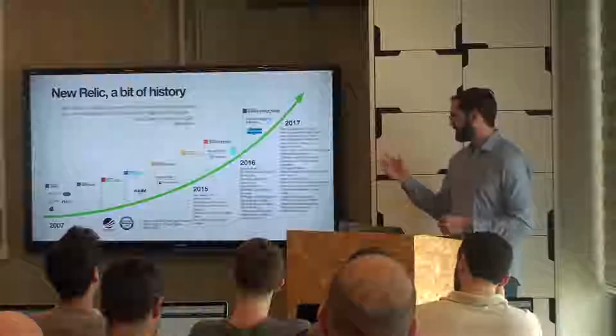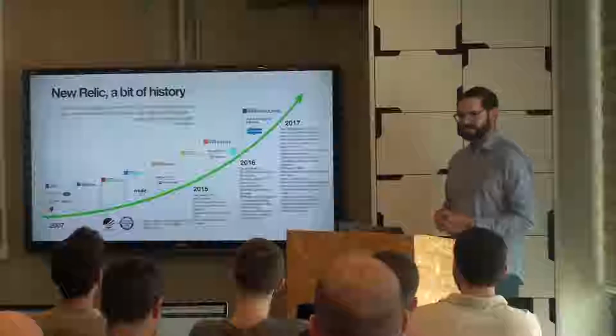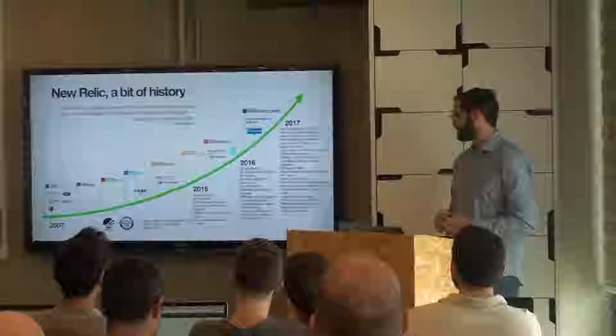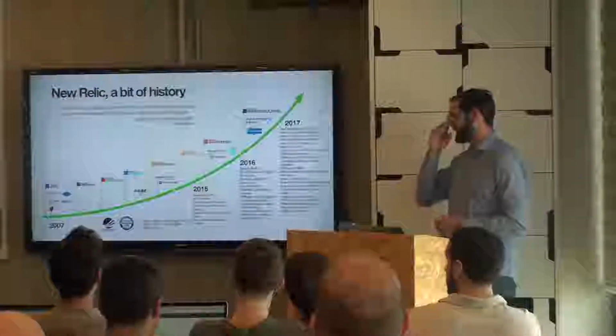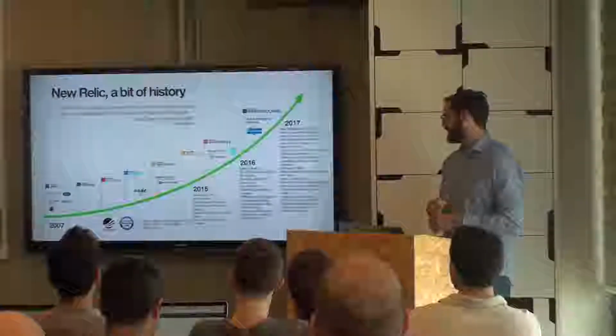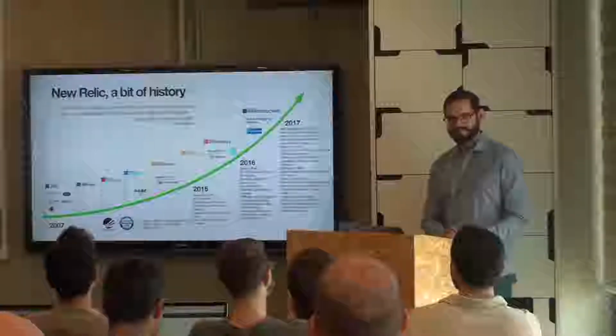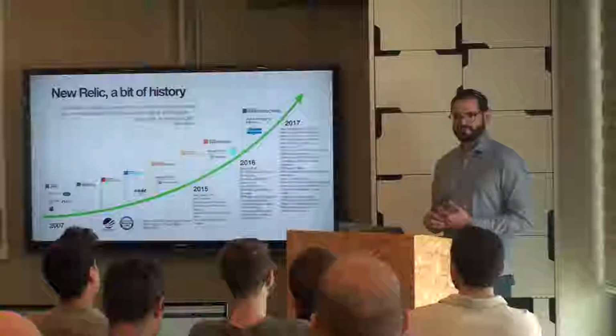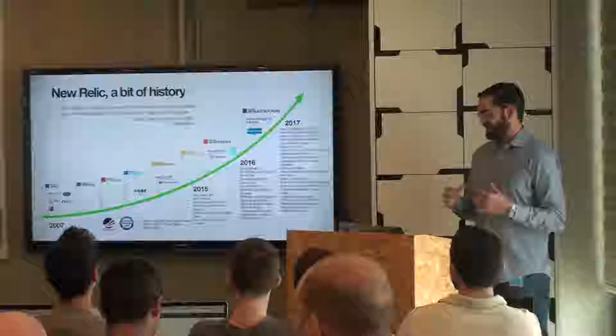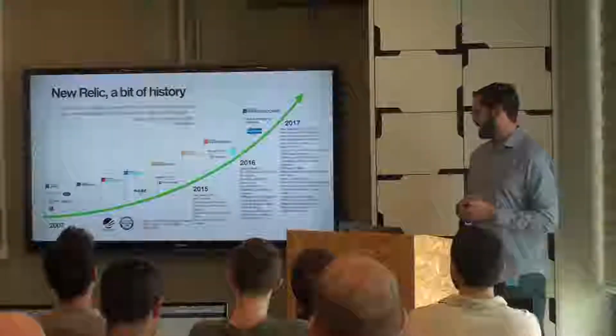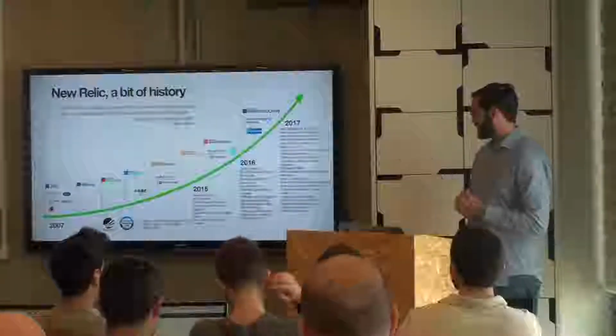From there, we went to Java, .NET, obviously the more popular business languages, and then some fun stuff, like Python, PHP. We launched servers, which is a free complement to APM, allowing you to monitor some of your hosts in your environment alongside your apps. And then plugins were launched.